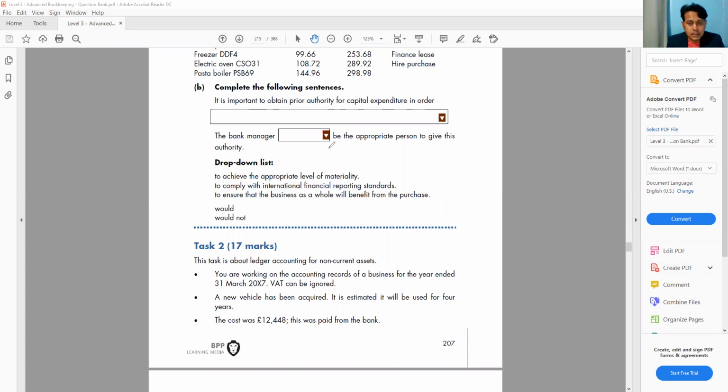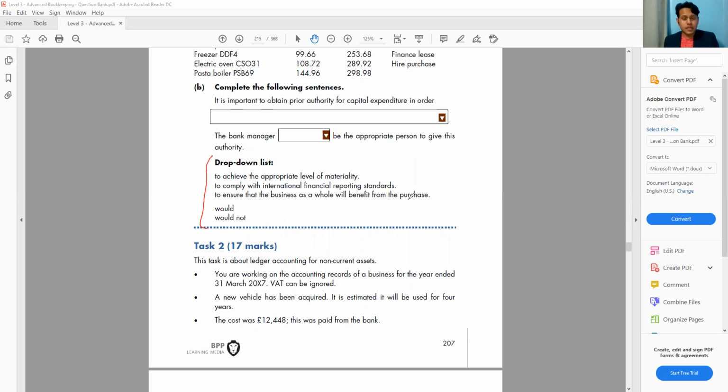And is the bank manager the appropriate person to give this authority? You have to select the answer from here. The options are: to achieve an appropriate level of materiality, to comply with the International Financial Reporting Standards, or to ensure that the business as a whole will benefit from the purchase.